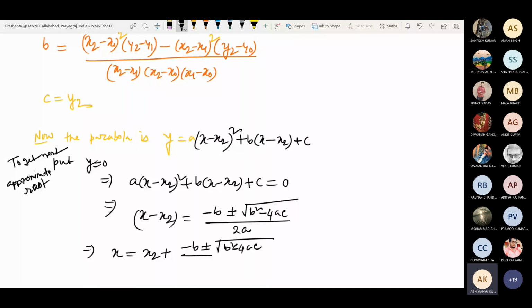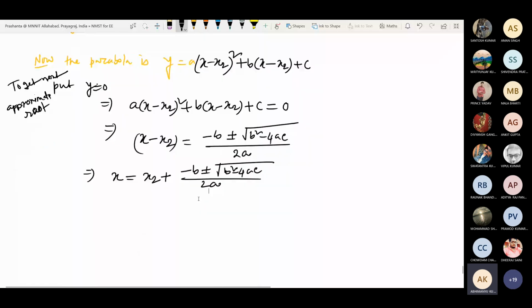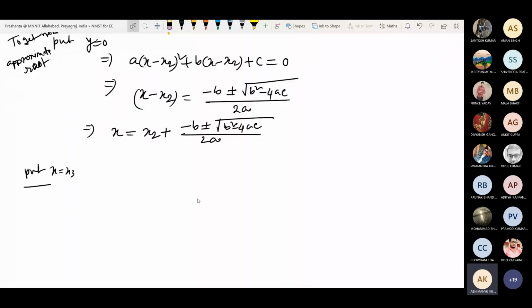So that is the next approximate root. So put x equals x3. So x3 will be equal to x2 plus minus b plus minus root over b square minus 4ac by 2a. So that's the next approximate root.